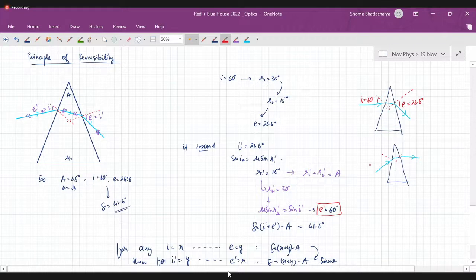So this time if I make the angle of incidence this value, what was the angle of emergence? Without doing the calculation, I can be sure that the angle of emergence now will be what the angle of incidence was. In both cases, the rays will deviate by the same amount. So here if I was getting delta as 41.6 degrees, here also I'll get delta as 41.6 degrees.